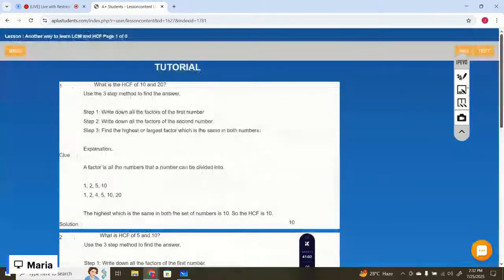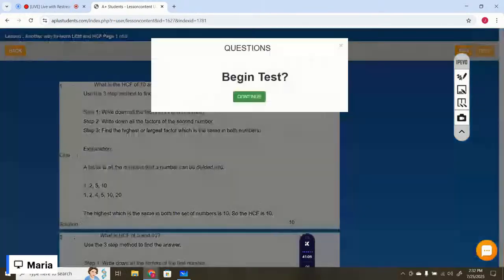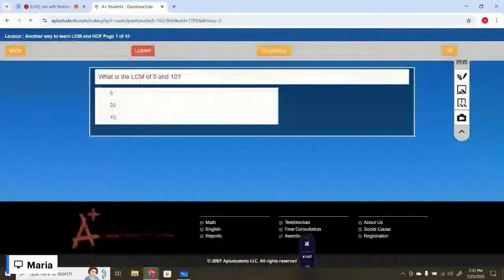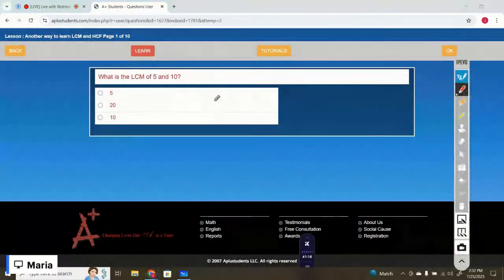For LCM, you need to write down the multiples. What is the LCM of 5 and 10? Let's write down the multiples of 5: 5, 10, 15, 20. Now write down the multiples of 10: 10, 20, 30, 40.